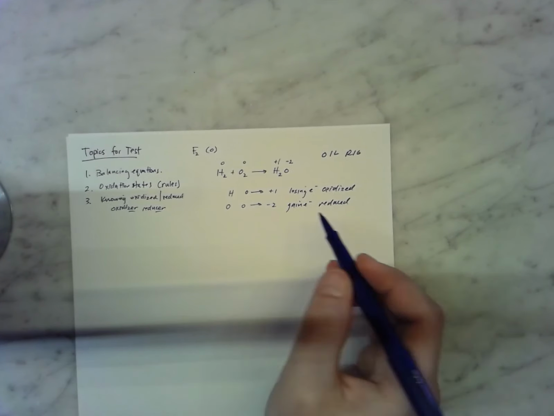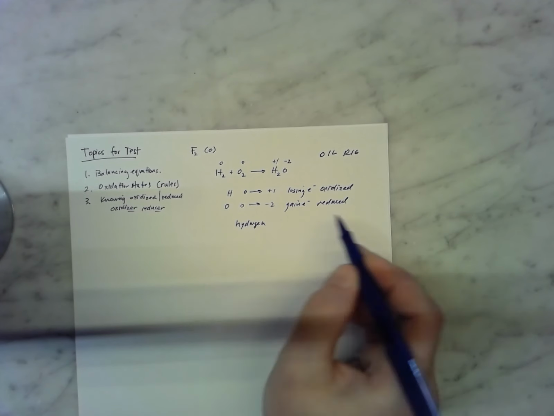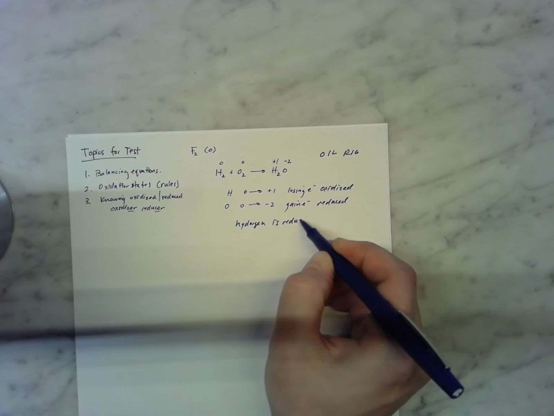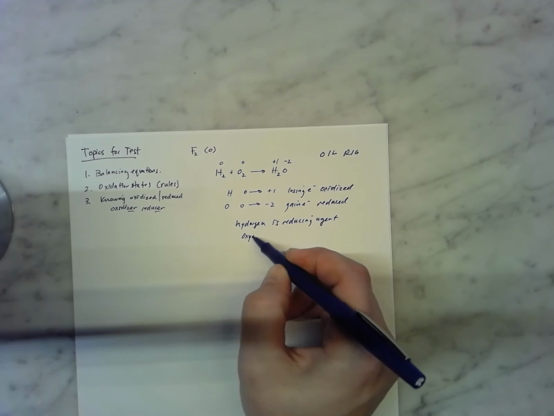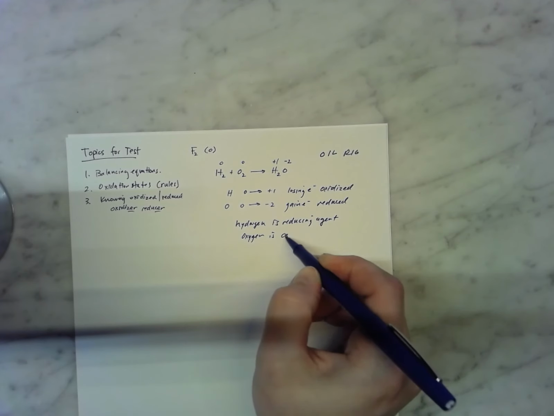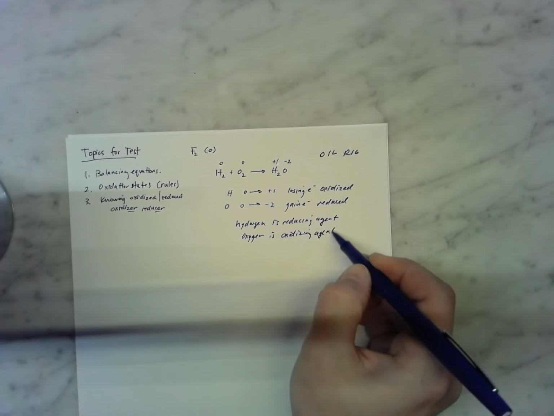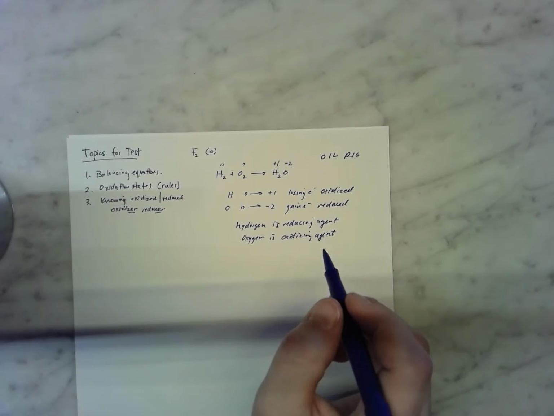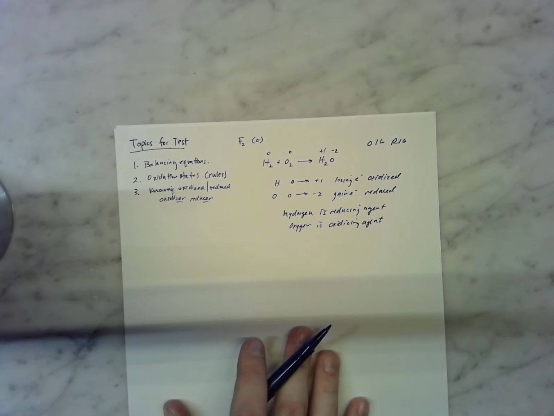Therefore, hydrogen causes oxygen to be reduced, which means hydrogen is the reducing agent, and oxygen is the oxidizing, unsurprisingly, agent. That's why it's called oxidizing, because oxygen's often the one doing it. All right, you can read more in your book, get familiar back with that as you need to.